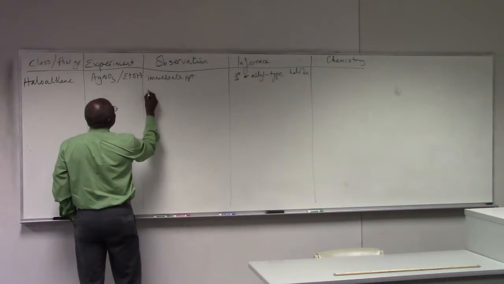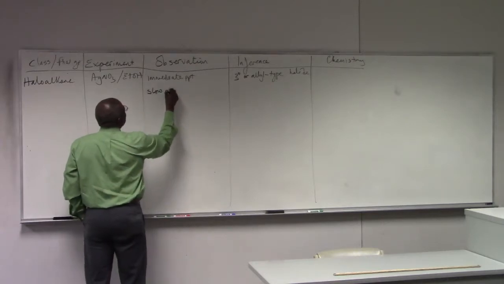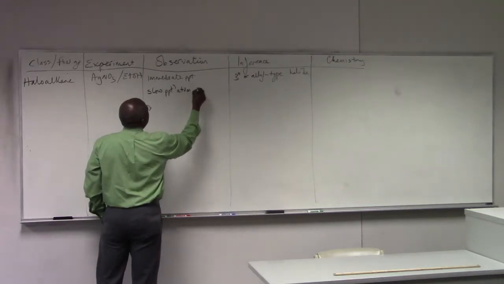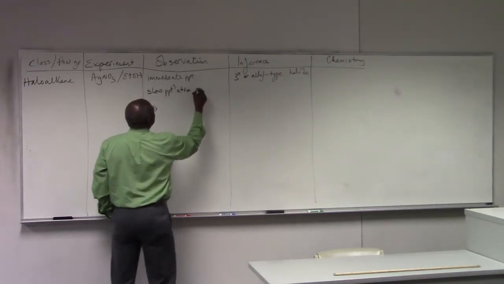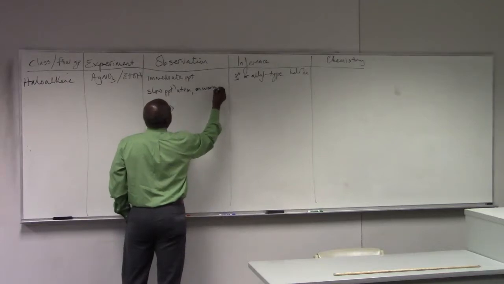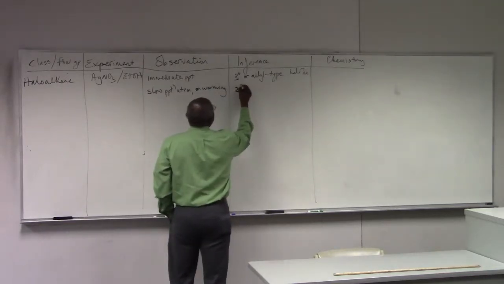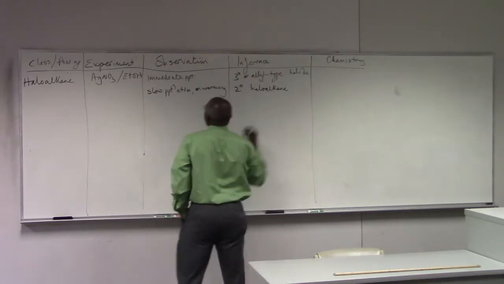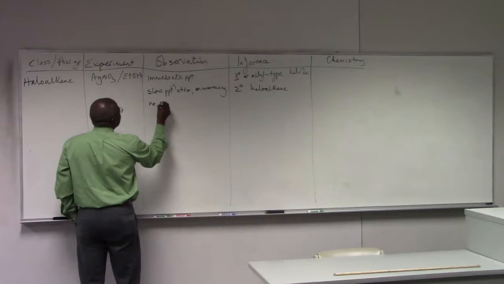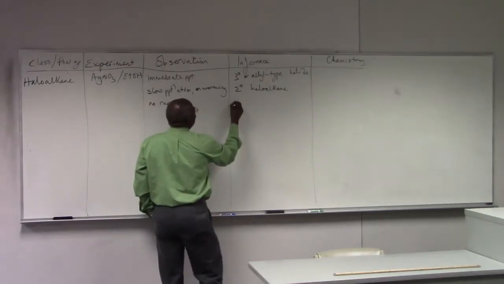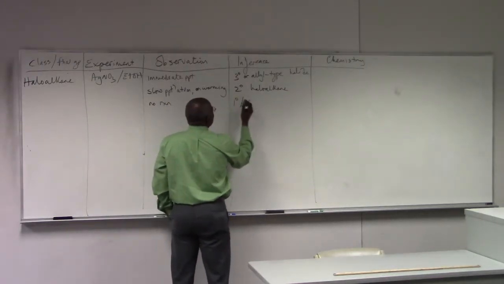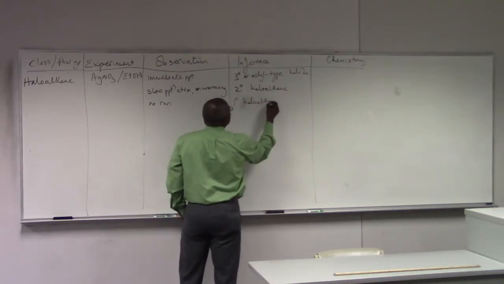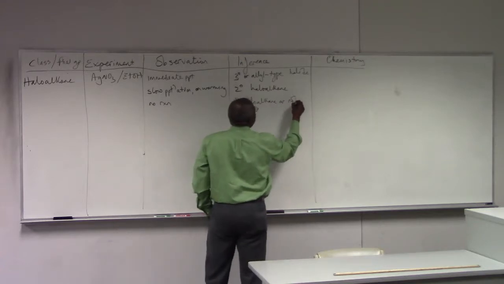If I get a slow precipitation, often on warming, that implies it's a secondary haloalkane. And if I get no reaction, either it's a primary haloalkane, well, it couldn't be methyl, it's primary haloalkane, or not a haloalkane.